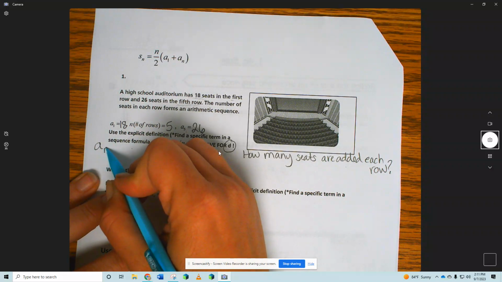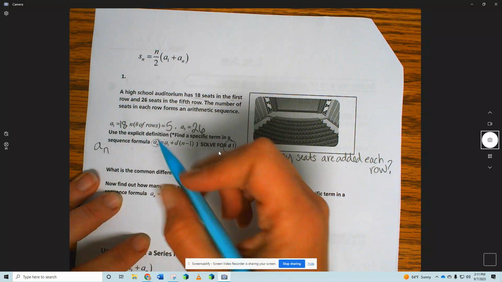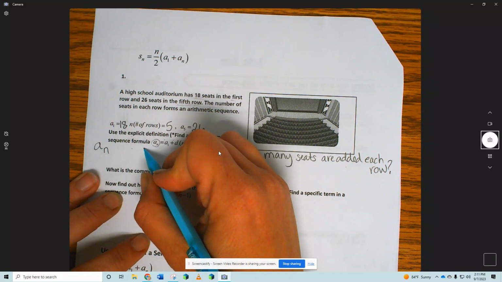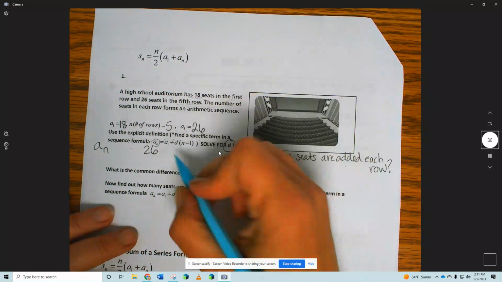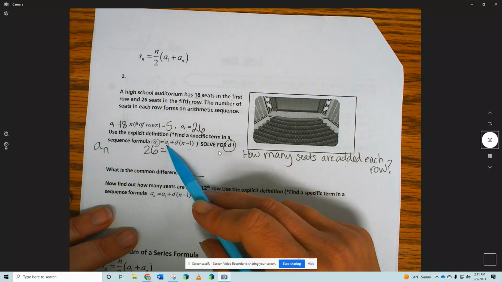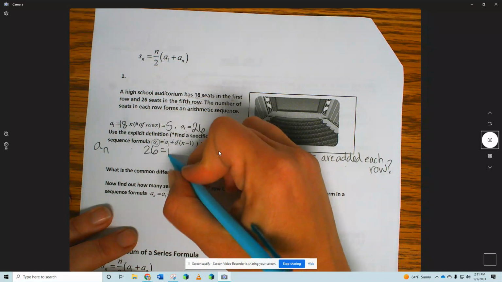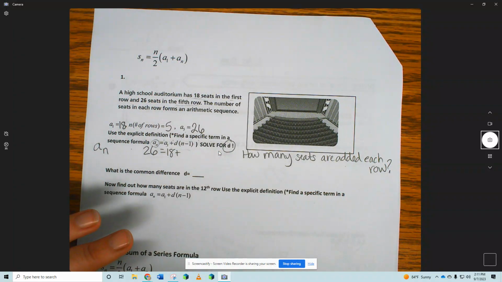A sub n means the total number in the fifth row, so that's going to be 26. A sub 5 is 26, right? The fifth row equals, what's a sub 1? What's 18 in the first row? What's d? What's the common difference?